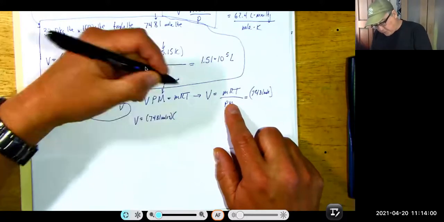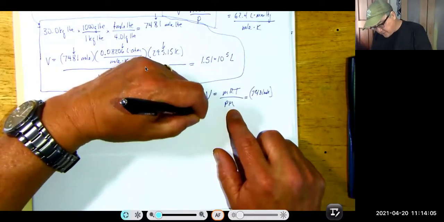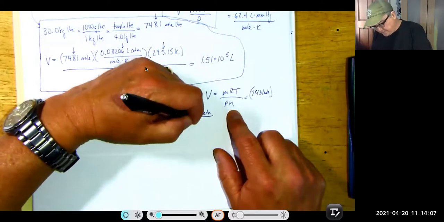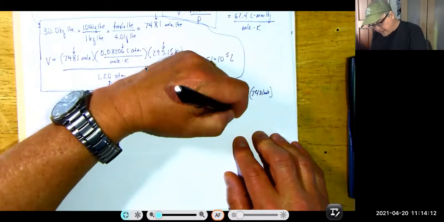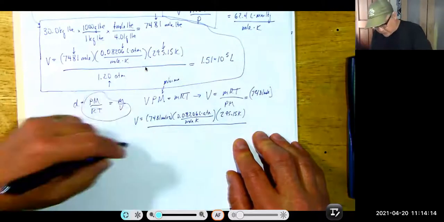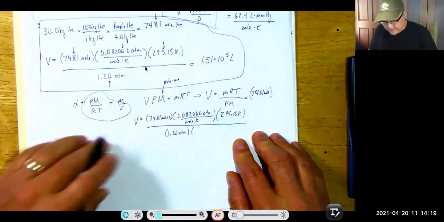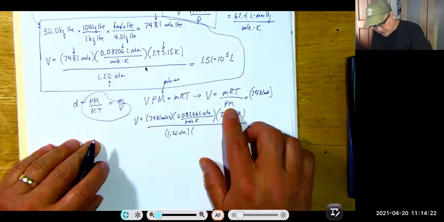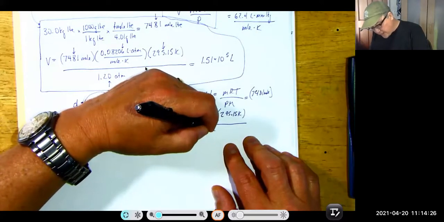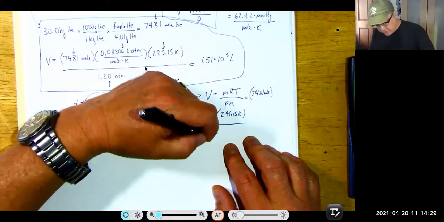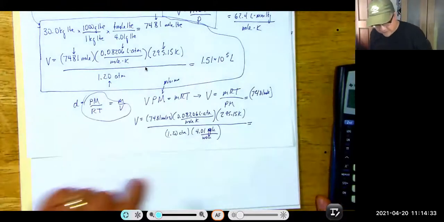For R, we're going to use 0.08206 liter atmosphere per mole K. The temperature was 295.15 K. The pressure was 1.20 atmospheres. And the molar mass is 4.01 grams per mole. If we plug all of these numbers in, let's see what we get, and hopefully we get the same volume as this one here.